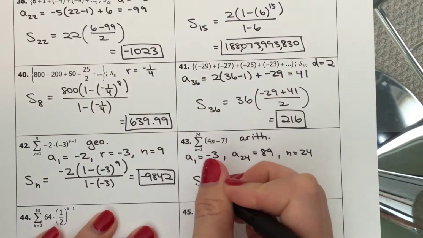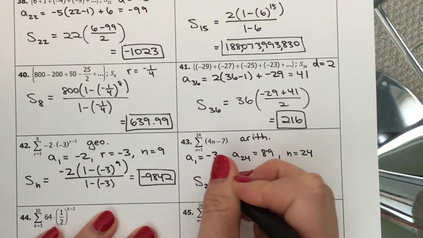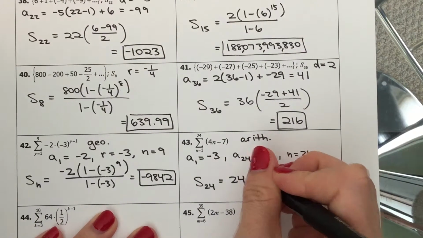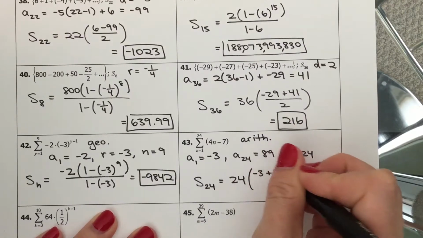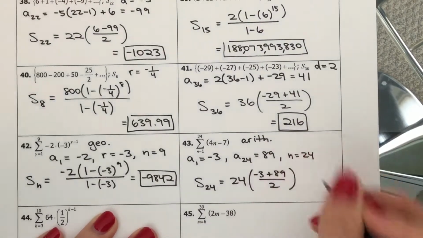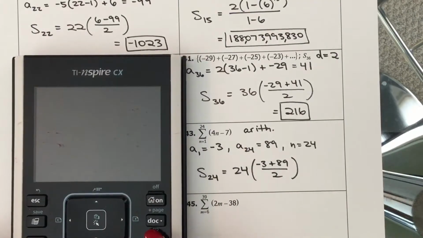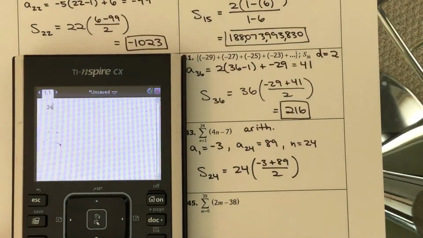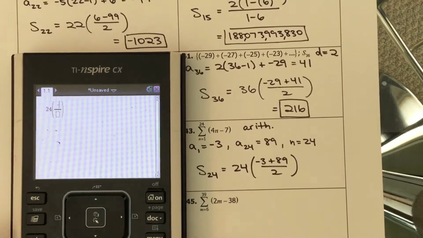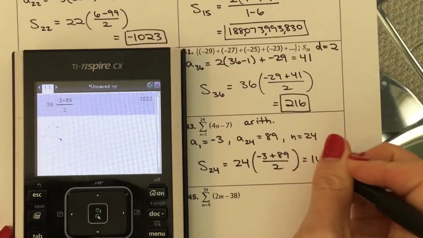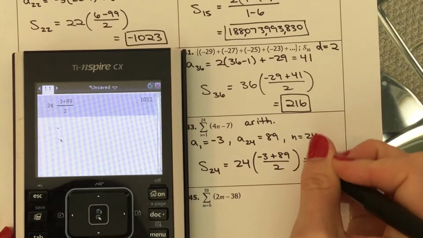So the 24th sum, we have an n on the outside, and then in parentheses, the first term plus the last term, divided by 2. That's the formula we have in the upper left. Okay, we get 1,032.